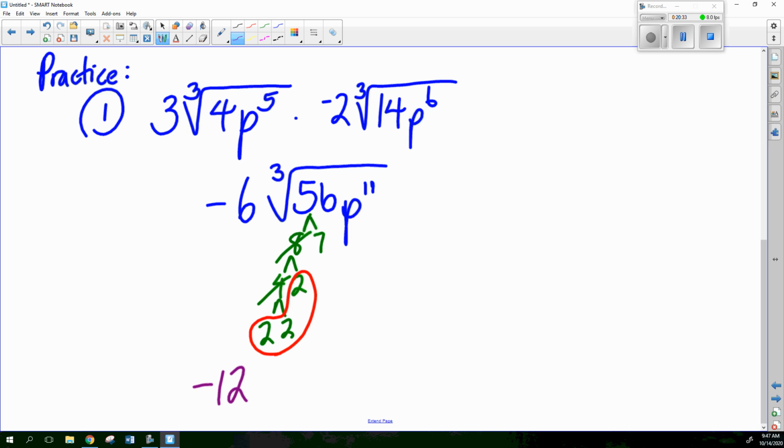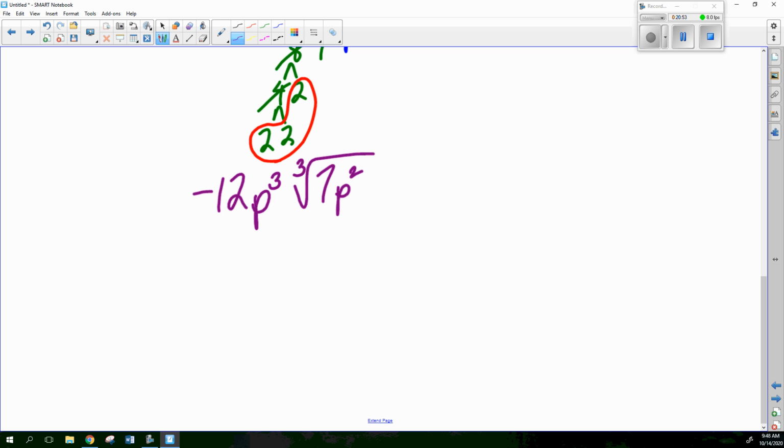All right, how many sets of 3 can I make out of those p's? 3. Good. All right, then you keep the radical with the index because there's leftovers. What is leftover? 7p to the second. Very good. That's it. Good job.